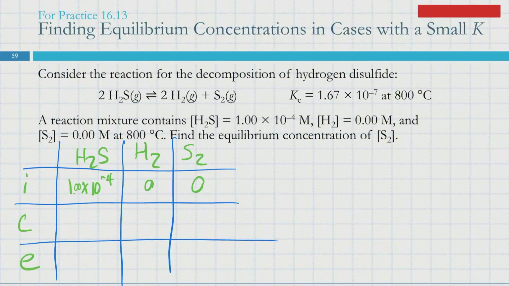Our change values are the same, minus 2x, plus 2x, and plus x. Giving us these as our equilibrium values.